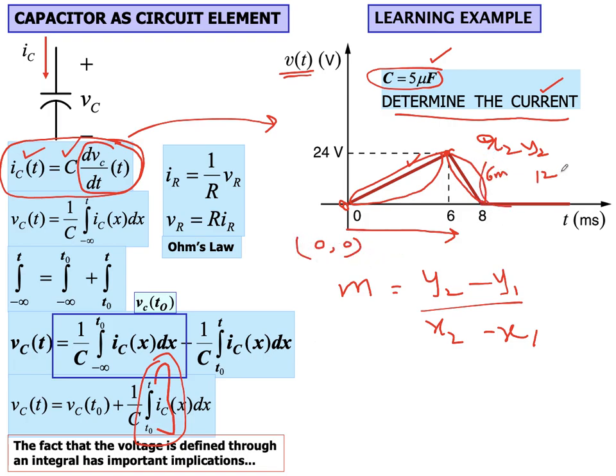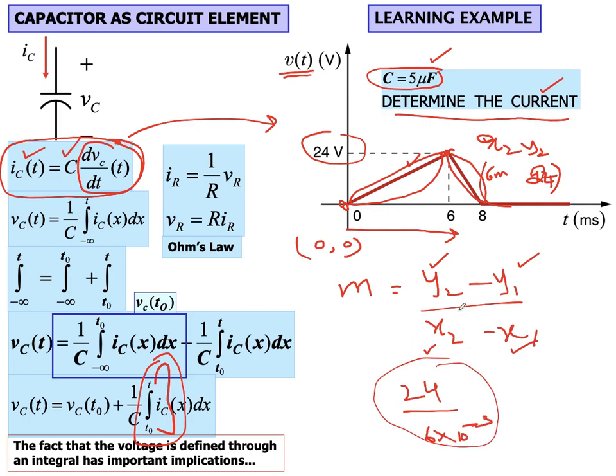So we substitute the values in this expression. y2 is 12 minus 0 over x2 is 6 millisecond, and x1 is 0 millisecond. So the numerator will be 12, and the denominator is 6 milli, where milli stands for 10 to the power minus 3.